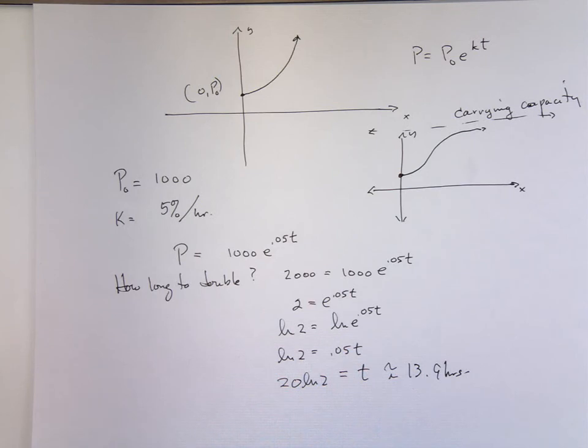It'd be really low. I can guarantee if there was a bank that I could put $1,000 in, and 13 hours later it's $2,000, I would put all my money in. Yeah, 13 hours, that's true. Well, they're not going to compound at 5% per hour.